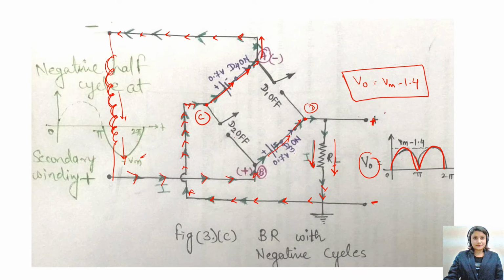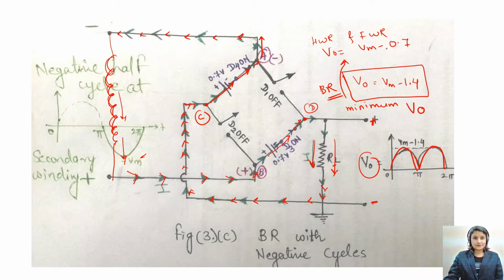So you can see, if I compare a half wave rectifier and a full wave rectifier, whose output is equal to Vm minus 0.7, the bridge rectifier is giving you VO equal to Vm minus 1.4. The bridge rectifier gives you minimum output voltage as compared to half wave and full wave.